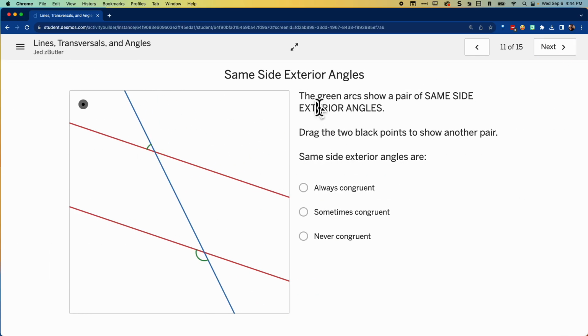All right, we're almost at the end. The green arcs show a pair of same side exterior angles. So both on the left and both outside the red. Now I'm going to do the other side, both on the right and both outside the red. When I look at this, I see a big one and a little one.